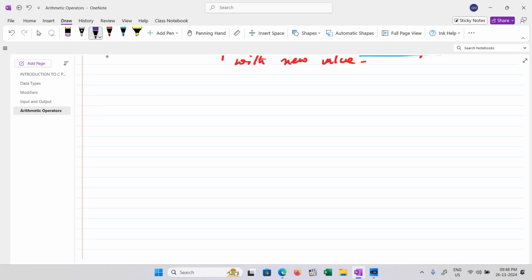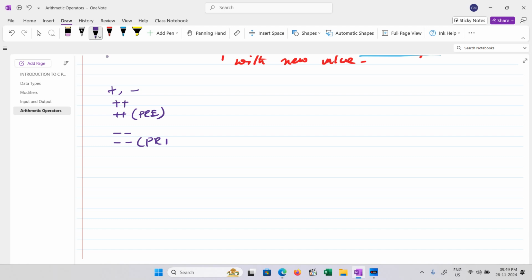So how many operators are there under the unary category? We have unary plus, we have unary minus, then we have pre-increment and post-increment, and similarly post-decrement and pre-decrement as well.